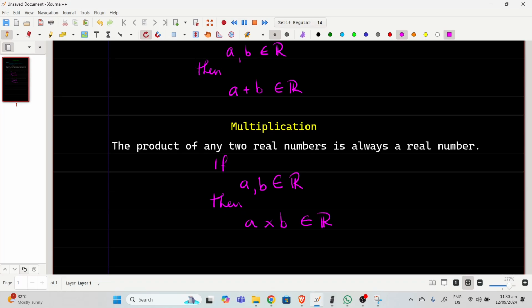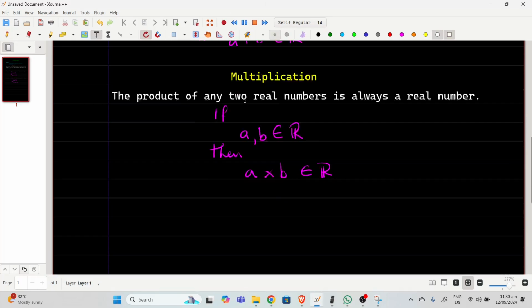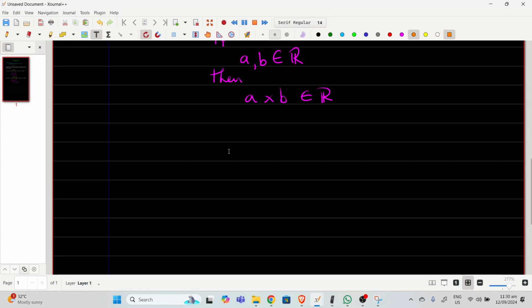The next property that we have to talk about is the associative law, or basically associativity. Let me write that up. Associativity. Right?